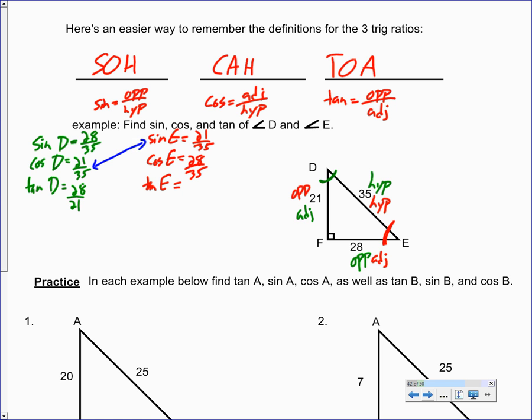And that's the same as the sine for angle D. The last thing I look at is tangent for angle E. It's going to be 21 over 28. And that's the reciprocal, which means the flip version, of tangent for angle D.